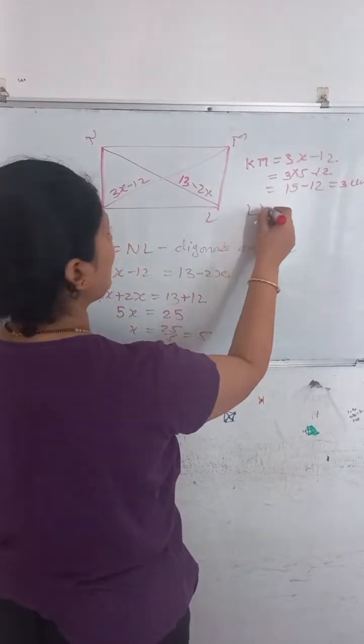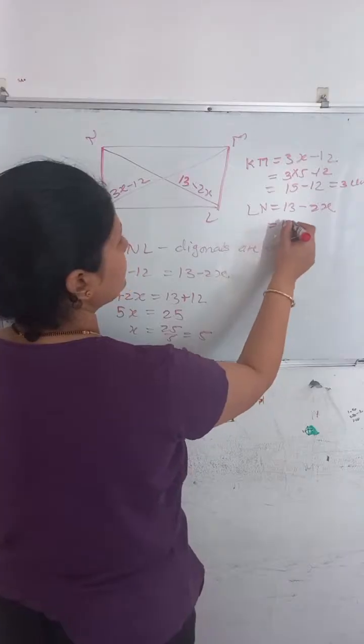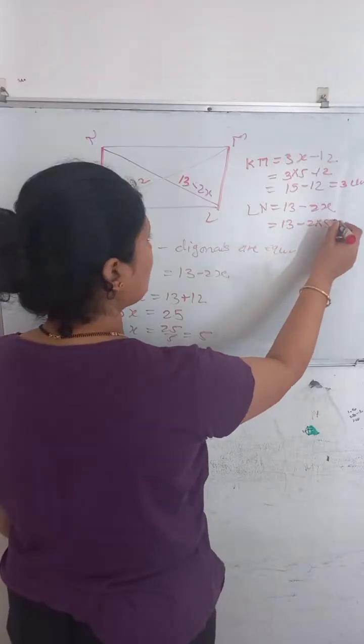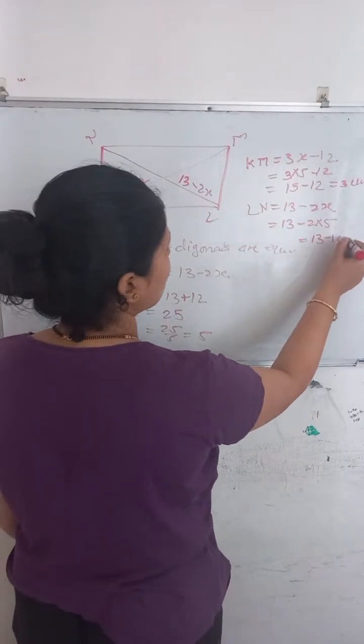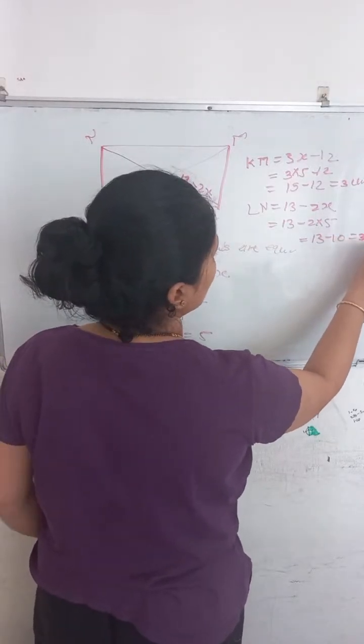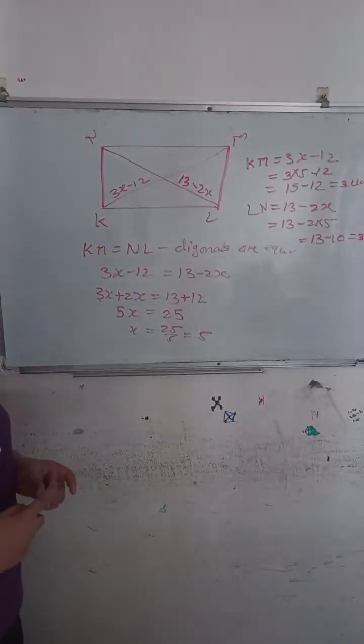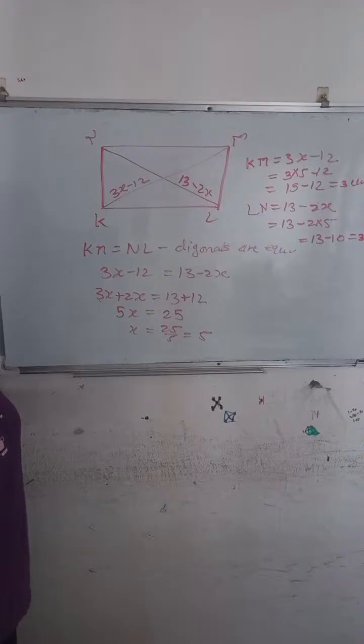Then LN is equal to 13 minus 2x. So 13 minus 2 into 5, 13 minus 10, is equal to 3 units. Getting it? Anyhow the diagonal values are the same. KM is 3 units, and LN is also 3 units.